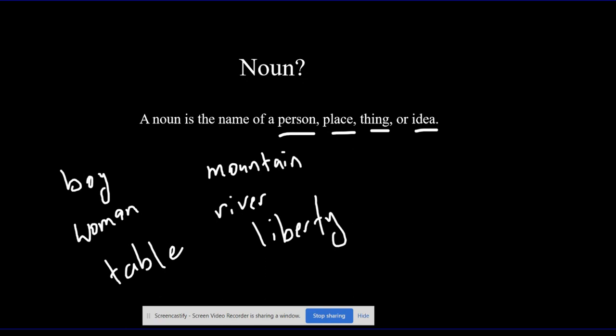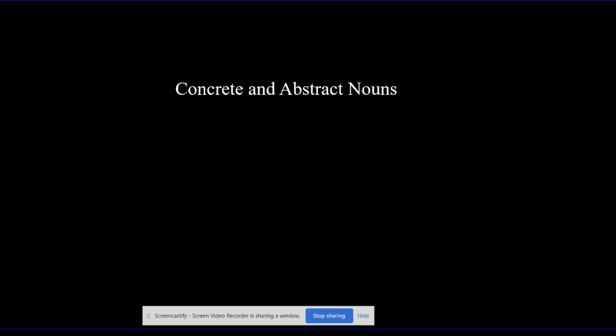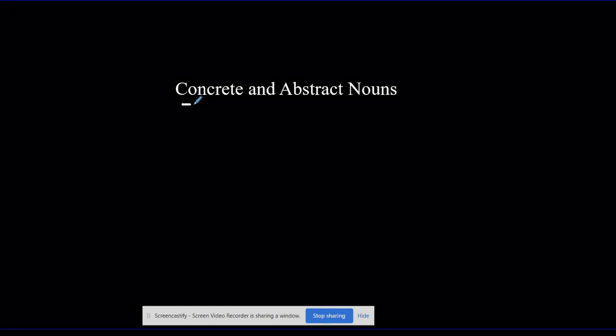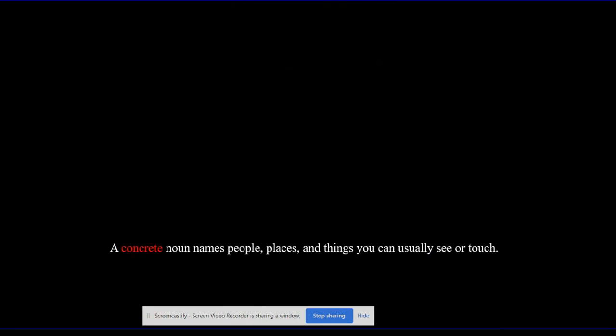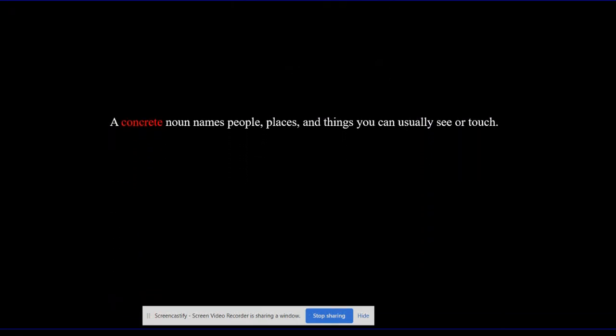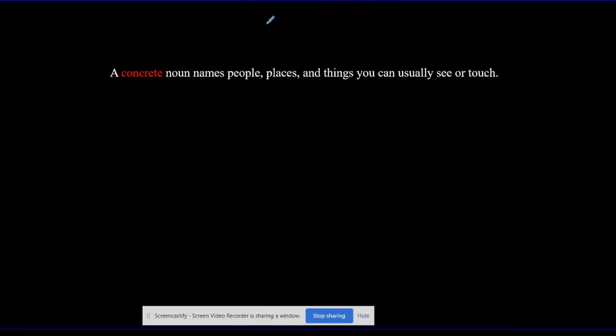Now, what are the types of nouns? We have two types: concrete nouns and abstract nouns. It's very important to understand the difference between them, because sometimes people refer to concrete as abstract and abstract as concrete. So let's start with concrete nouns.